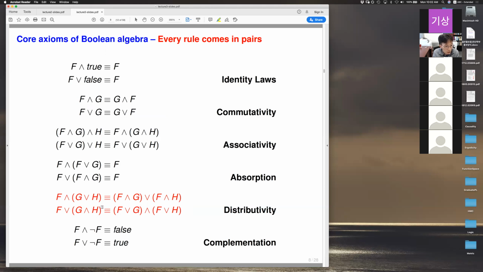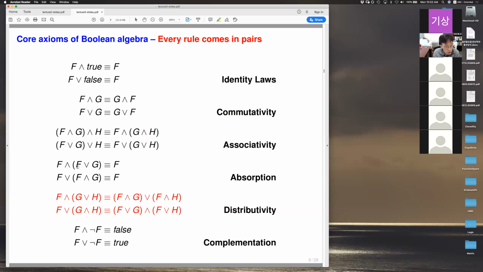For instance, take the distributivity rule, where conjunction distributes over disjunction. If I switch AND with OR and OR with AND everywhere in this equivalence, then you get another rule in the Boolean algebra. That's always the case.